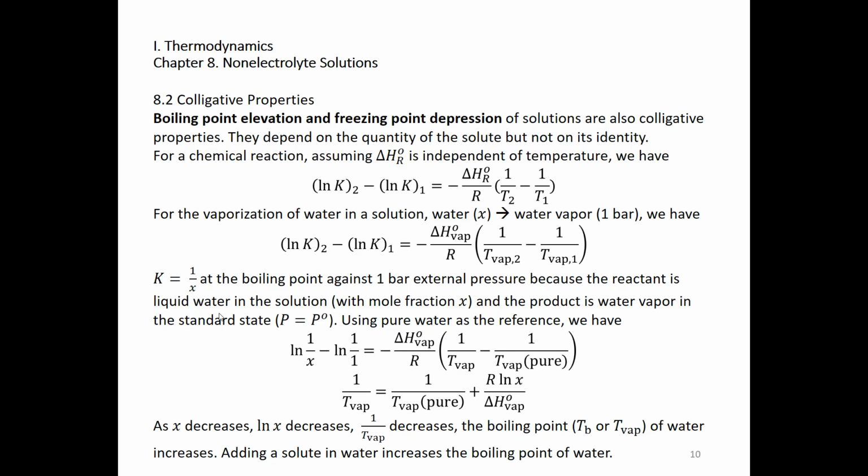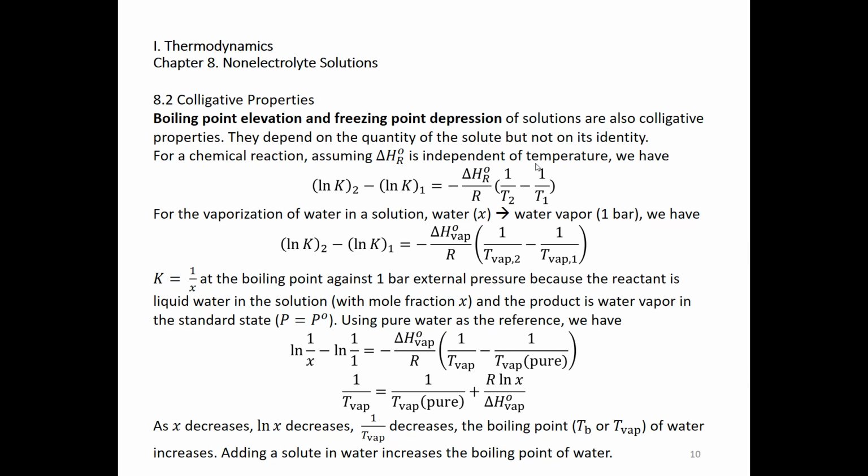Now let's look at a chemical reaction. Now assume this enthalpy of reaction is independent of temperature. This is a reasonable assumption. You can say the enthalpy of reaction does depend on the temperature, and the dependence is the change in the C_P,m of the reactants versus products.